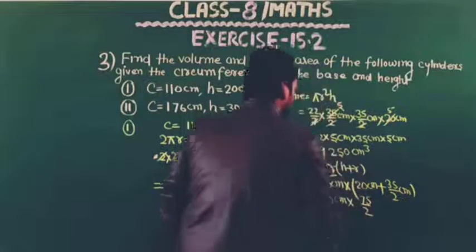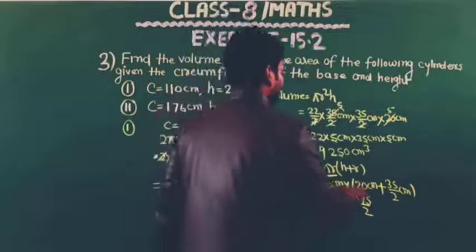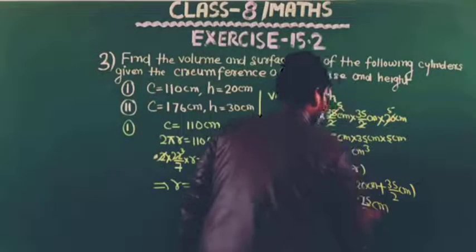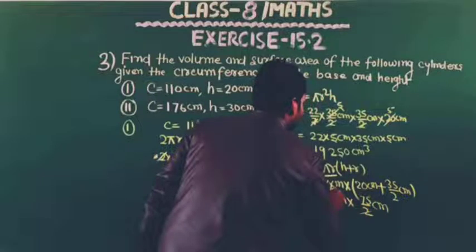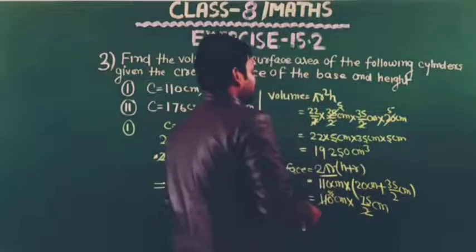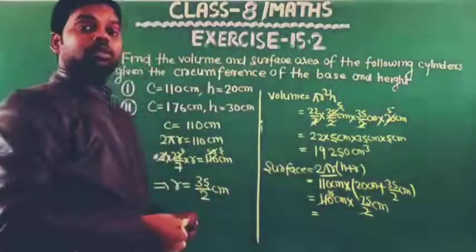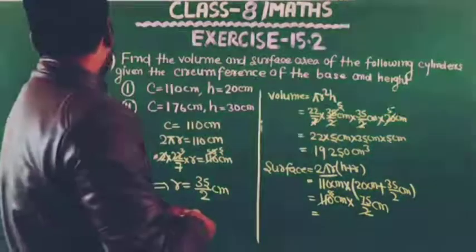And 110 divided by 2, 5 are 10. Now multiply 55 centimeter by 75 centimeter.